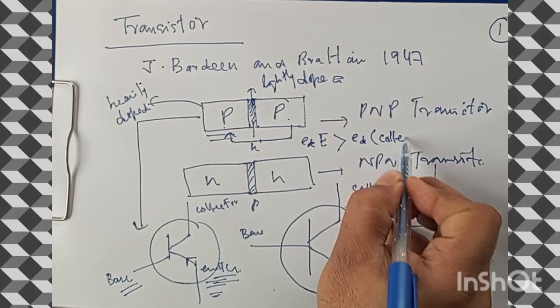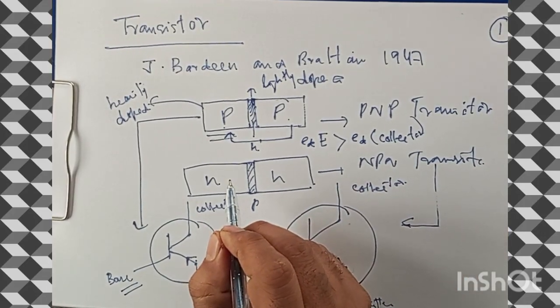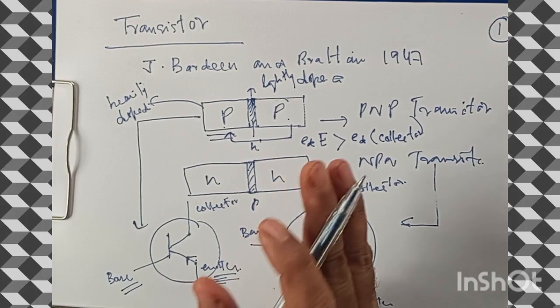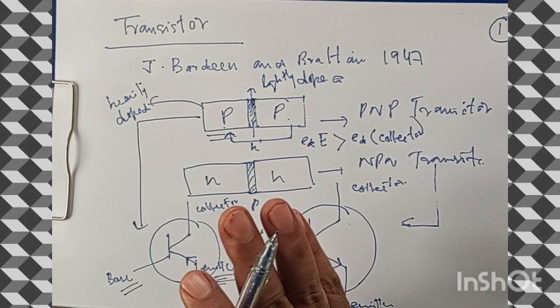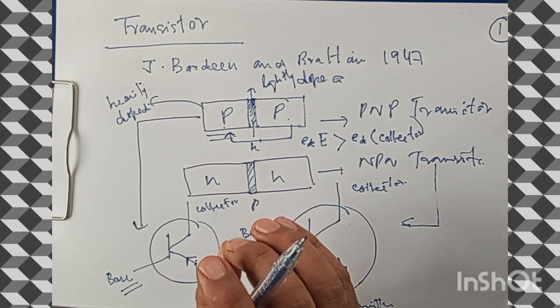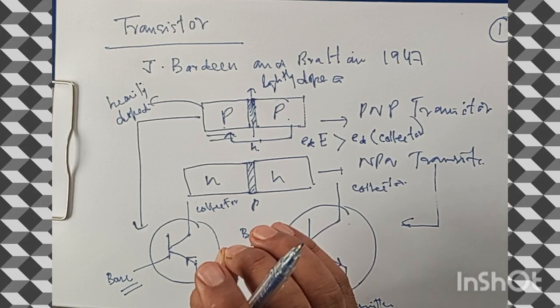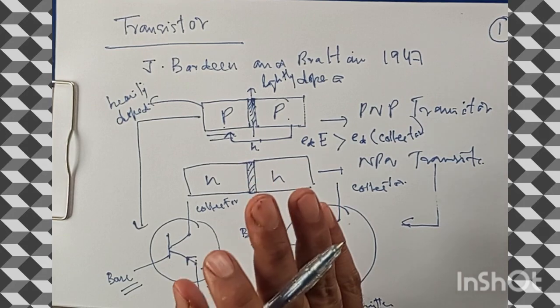So we have three terminals: the emitter, the base, and the collector. This collector is slightly less doped than the emitter, but its thickness is slightly more.